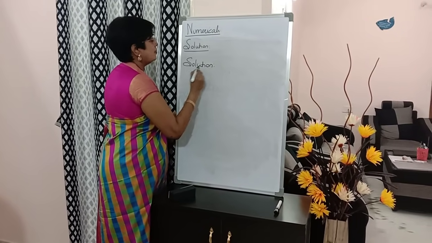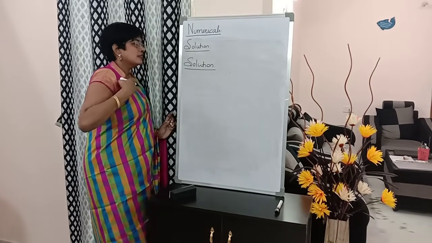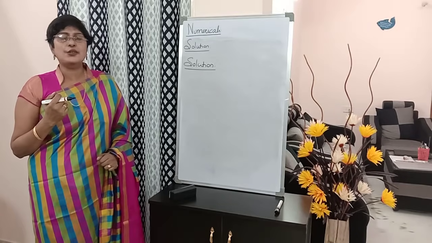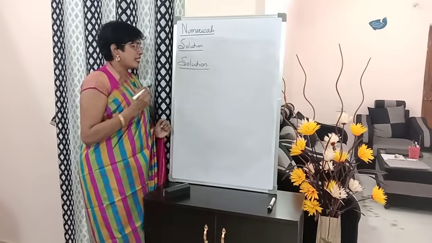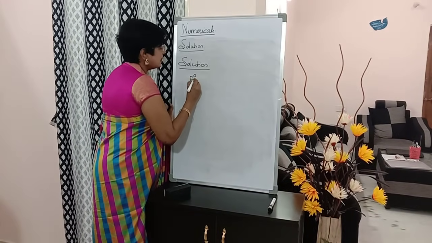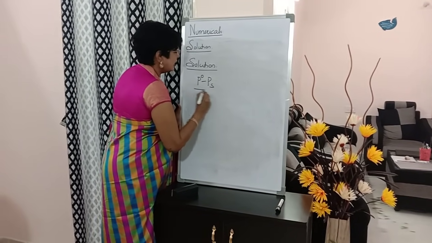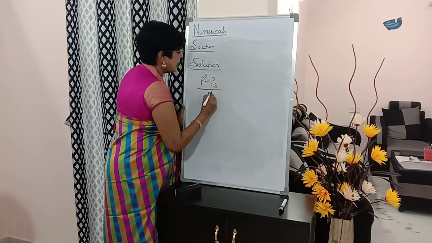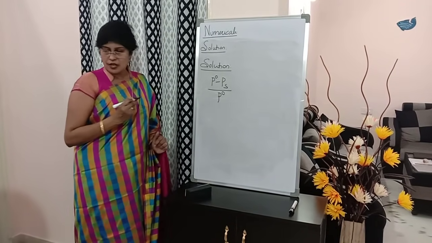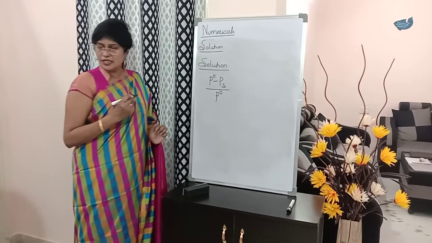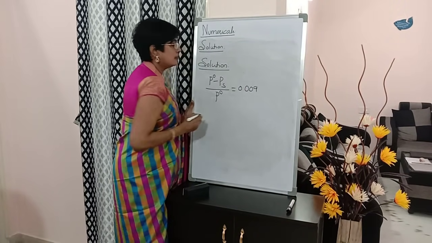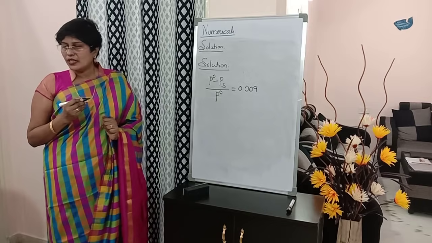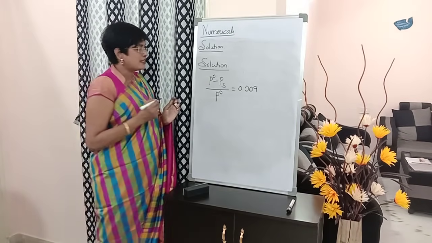So, first what do you do? Write down the values provided in the numerical, students. Relative lowering of vapor pressure is nothing but P0 minus Ps by P0. How much is it given, students? 0.009. Next, what is 72 grams of substance?